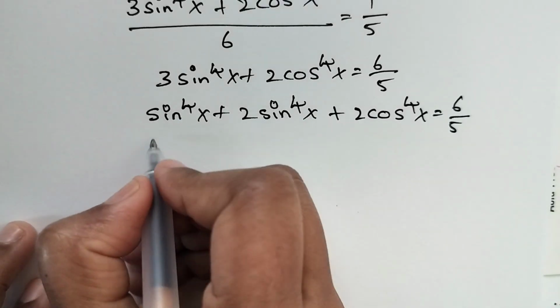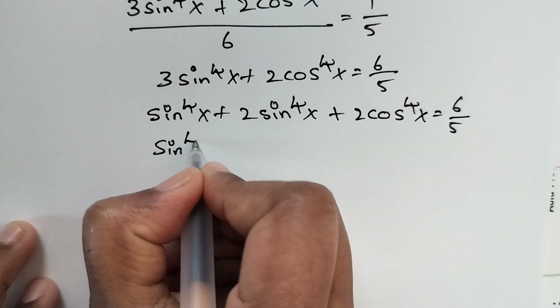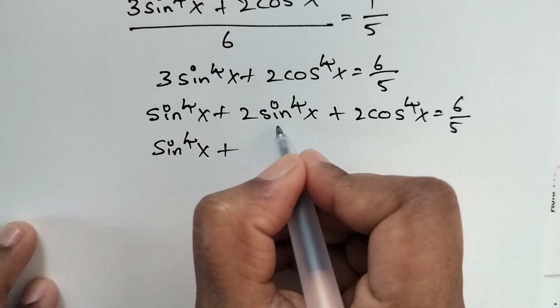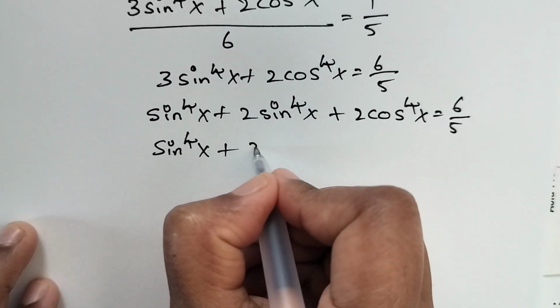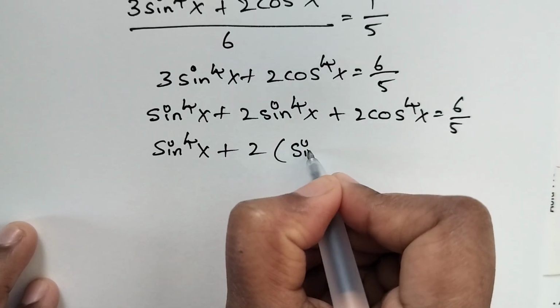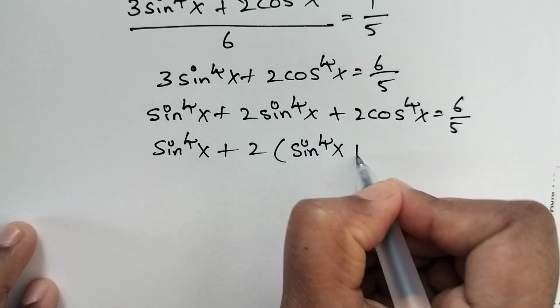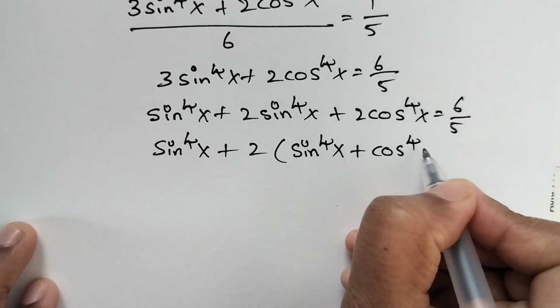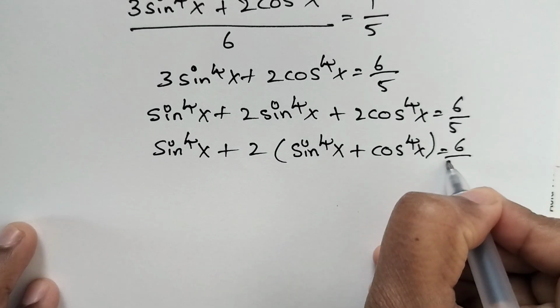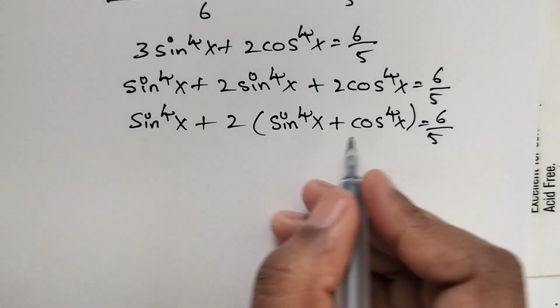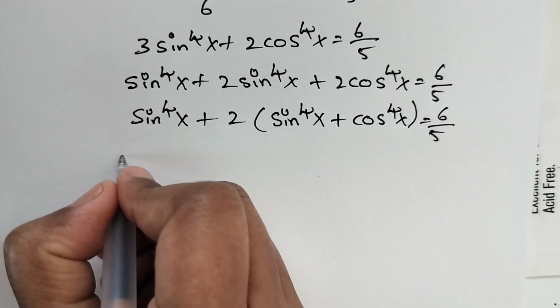Now sin⁴x plus, from these two terms we have a common factor 2. We are taking out 2 as common. Now we will get the leftover terms. So now we need to find this term.